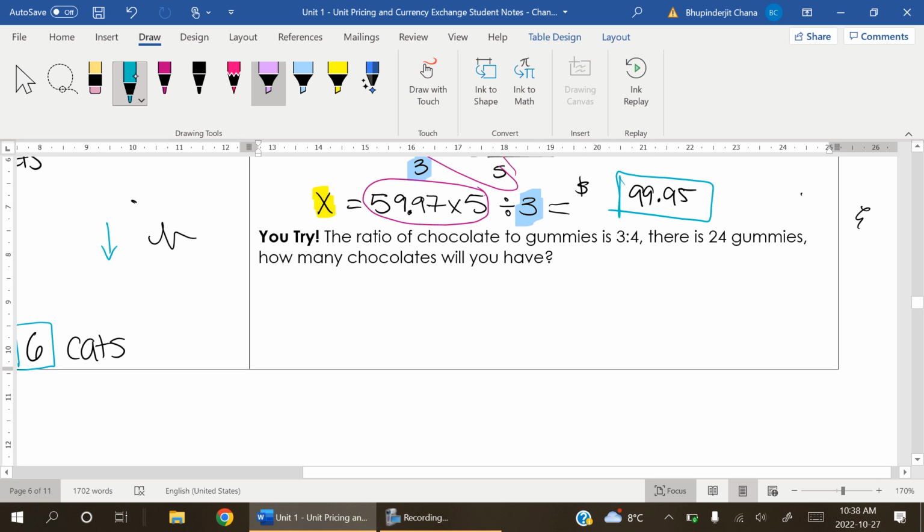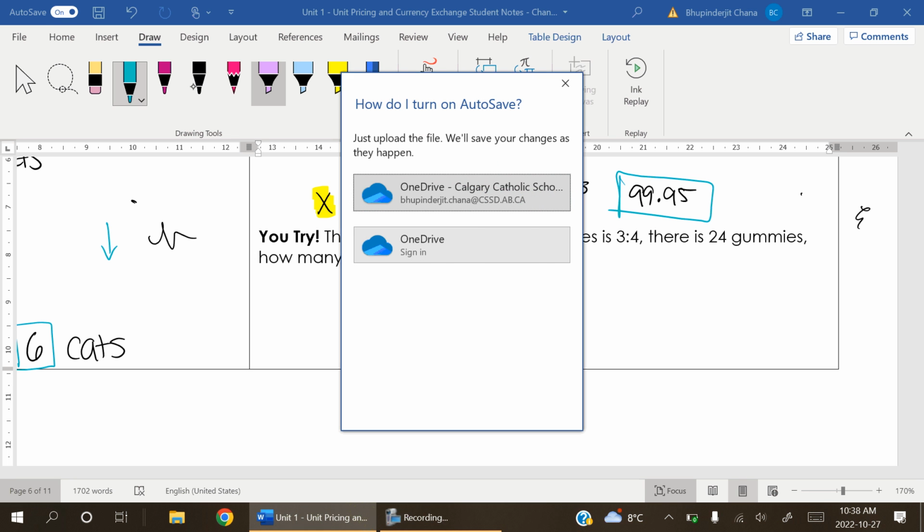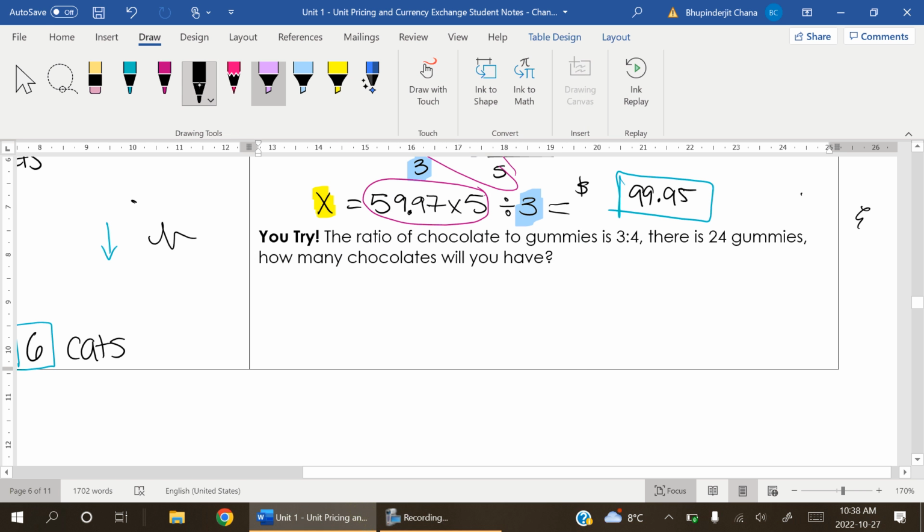Okay, it's your turn to try. I'm going to set up the initial ratio with you. We're looking at the ratio of chocolates to gummies. If there are 24 gummies, how many chocolates will there be?